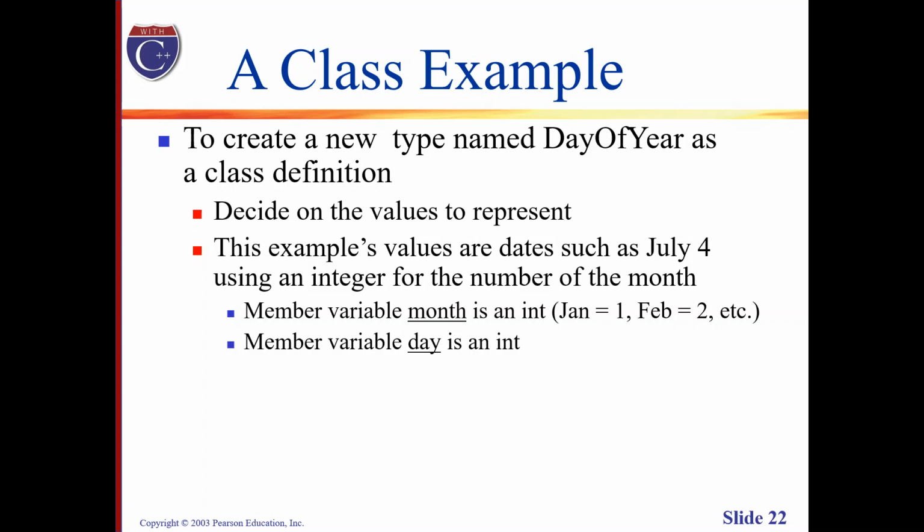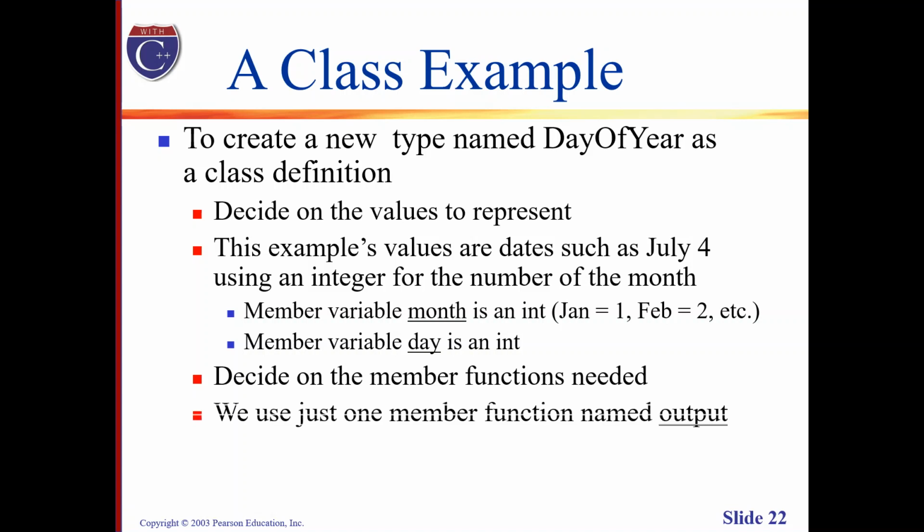Also, the member variable for day should also be declared as an integer. Then we can decide on the member functions that we will need for the class, which would contain the value for the month and the day. For now, we use just one member function, which we will call output.